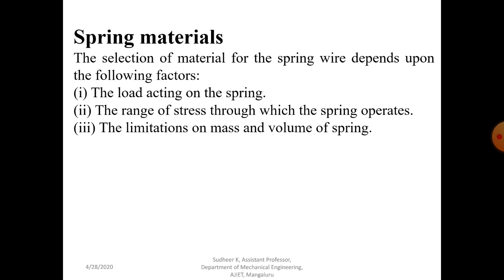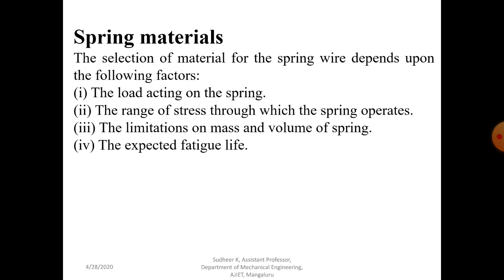Any constraint with respect to mass and volume of the spring. And the fourth one, expected fatigue life, because we should know after how many cycles the spring may fail. Springs used in valves are subjected to millions of cycles. So you should know the expected fatigue life properly.